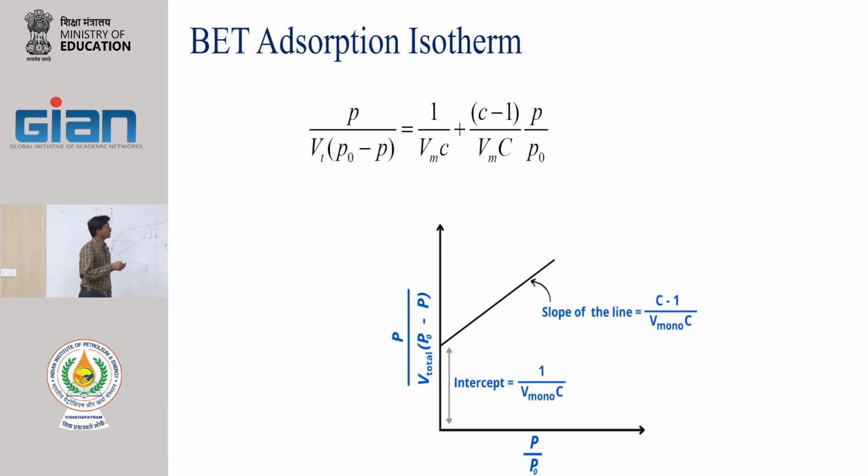What you have is the pressure, the total volume, P naught minus P, where P naught is the saturation pressure and P is the actual pressure, and V over Vm, which is the monolayer volume, and C. Oops, sorry, I think that's C. A lot of confusion, but okay, leave it.